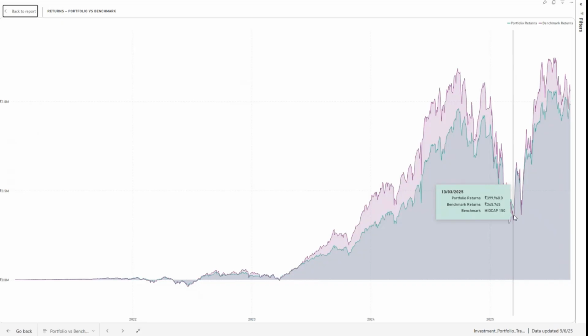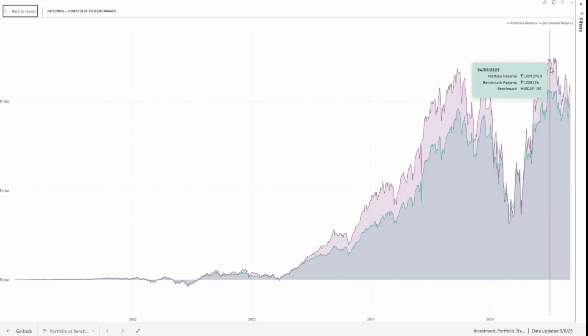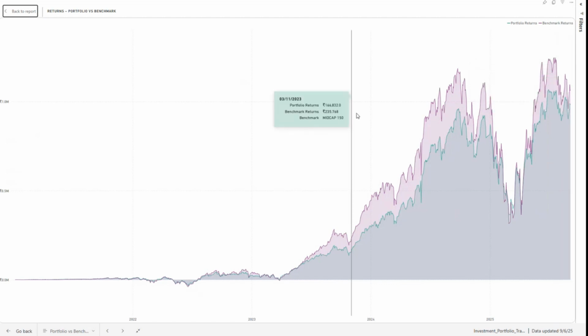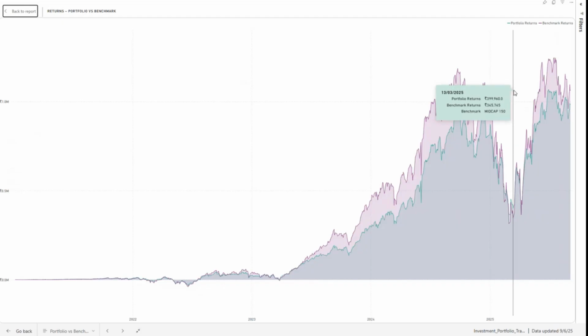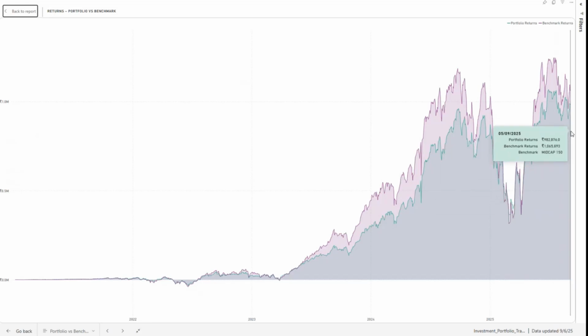Eventually midcap picked up again and there was a very long gap between my portfolio and the midcap 150 index. So what it is trying to tell you is that in the longer run my overall portfolio might underperform the 150 index, but my portfolio's volatility is lesser compared to the Nifty 150 midcap index.